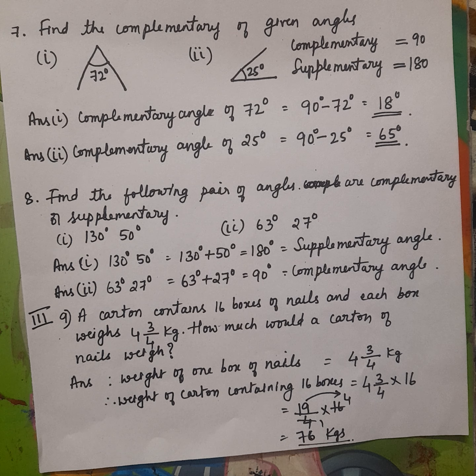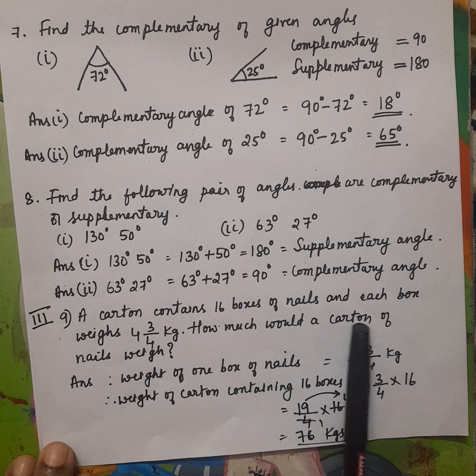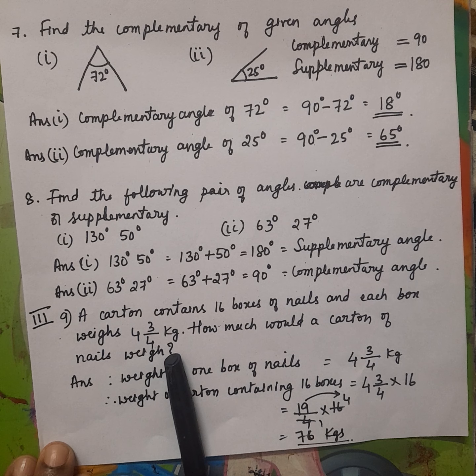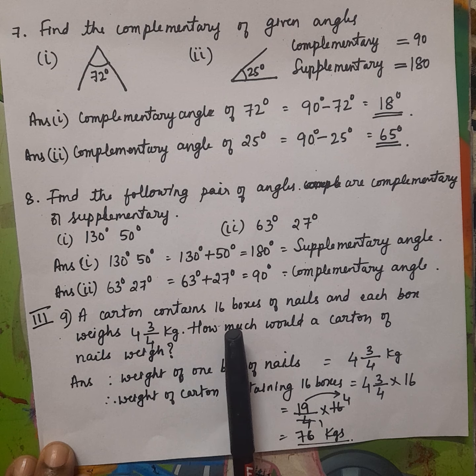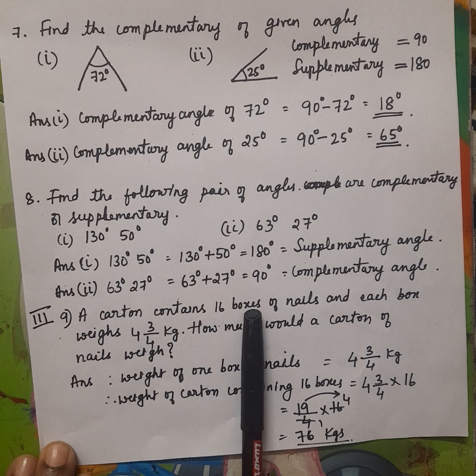There are 16 boxes of nails inside the carton. Now each box of nails weighs 4 3/4 kgs. Now how much would a carton of nails weigh? That is, we have to find the weight of the carton with the 16 boxes.